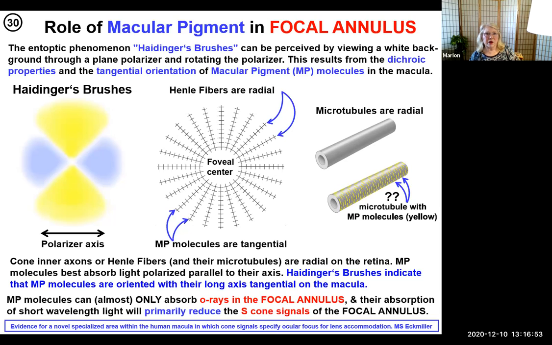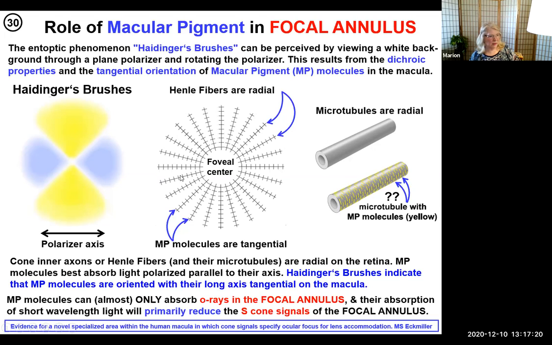There is an entoptic phenomenon called Heidinger's brushes that looks like this. Mr. Heidinger discovered that if you look at a blank white background through a plane polarizer and rotate the polarizer, you will see something like this, very small. And when you rotate the polarizer, this will rotate.